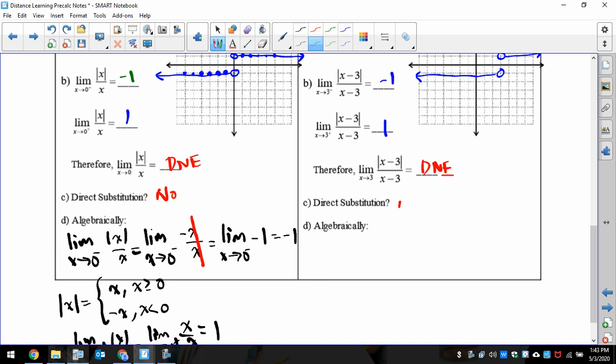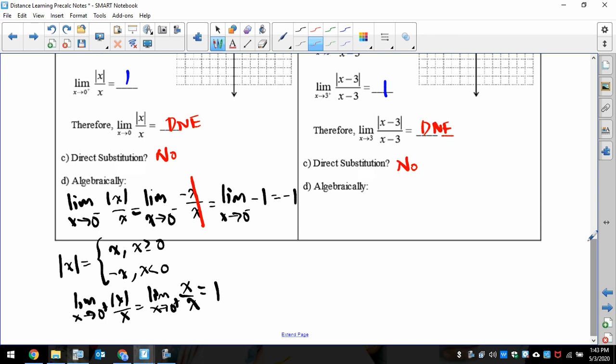That's right here. And then the two-sided limit doesn't exist. And can you directly substitute? No, you can't, because if you try to plug in 3, you're going to get 0 over 0, which is undefined. So algebraically, what does this look like? It looks exactly the same as this one. The only difference is what this function looks like.